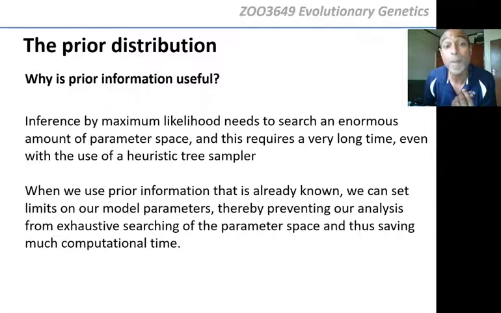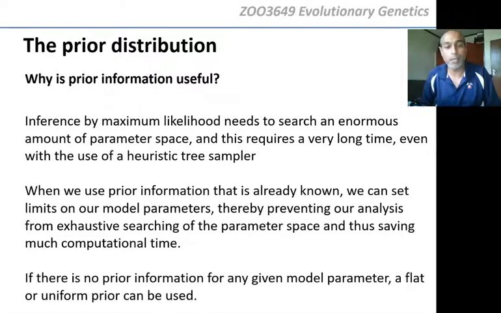Okay? That's why it's prior, before. Okay? So if there's no prior information, then we call it a flat or uniform prior. Okay? And in that case, it's basically the same as doing a maximum likelihood analysis.